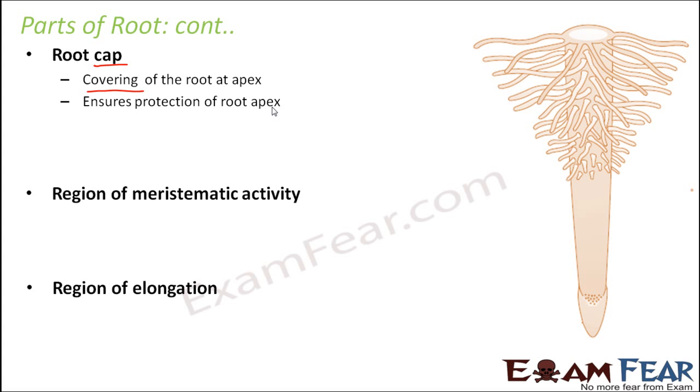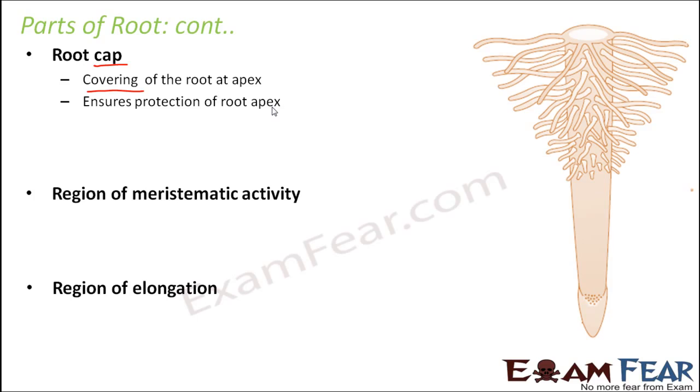Since it covers something, why do we cover anything? For example, it is always advised that you wear a helmet while riding a bike. Why? Because that helmet is a covering to your head, so it ensures protection to your head. Similarly, this root cap ensures protection of the root tip from any external damage.